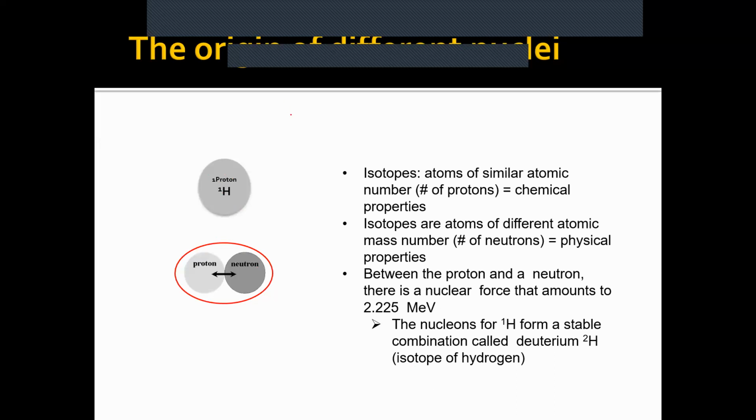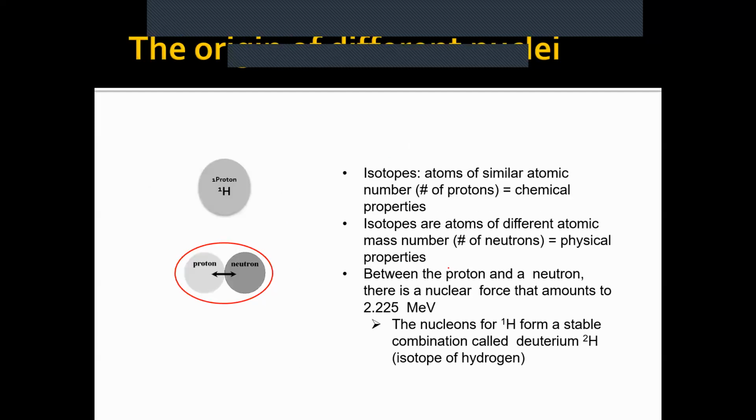So we have the same number of protons, but we have a different number of neutrons. Okay, and so these will be bound together by the strong nuclear force. All right, and that's the key idea.